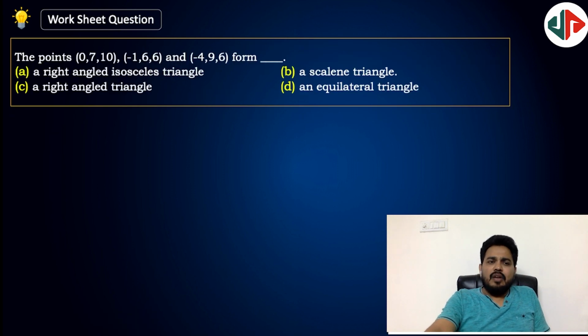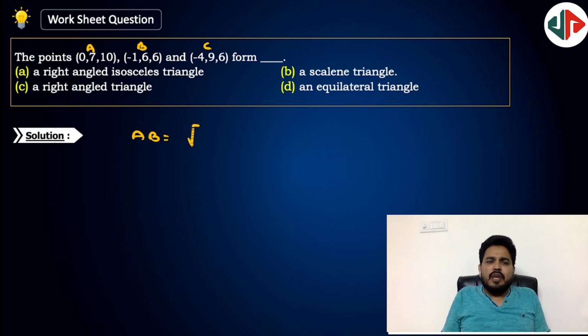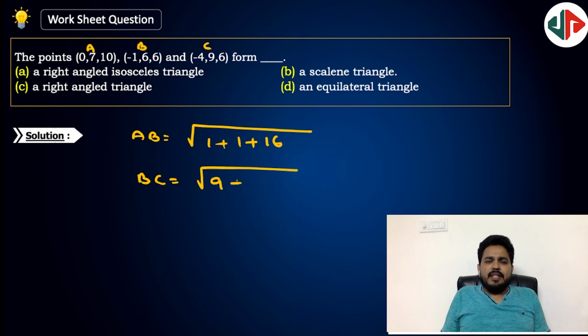What type of triangle is this? Right-angled isosceles, right-angled scalene, or equilateral? So I say this is A, this is B, this is C. AB length, if I take the square root of 1 plus 1 plus 16, BC is equal to the square root of 9 plus 9 plus 0.